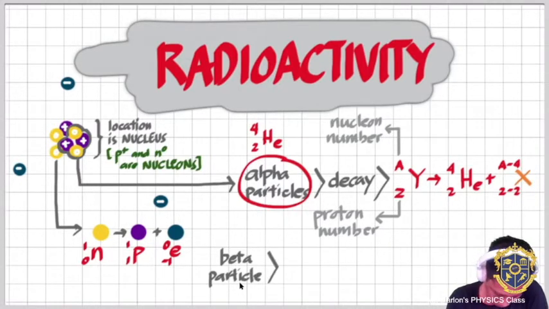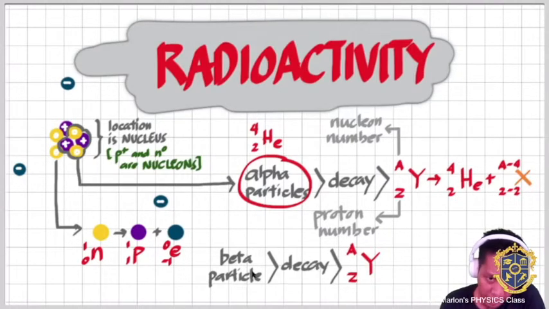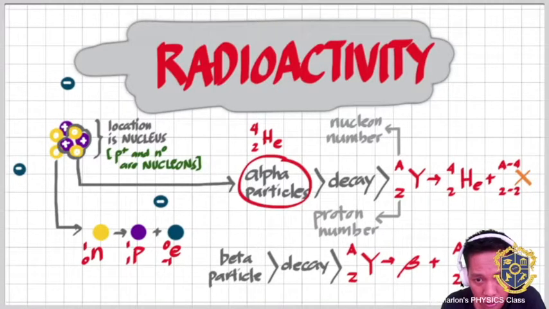So when we undergo a beta decay, as a recall of the previous lessons, if you originally have a heavy atom with this notation and it emits a beta particle, it will end up having the same number of nucleons, or the same nucleon number.